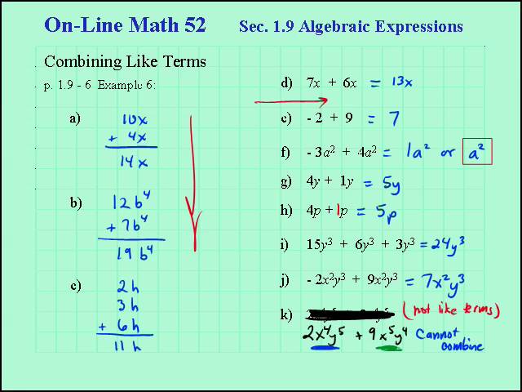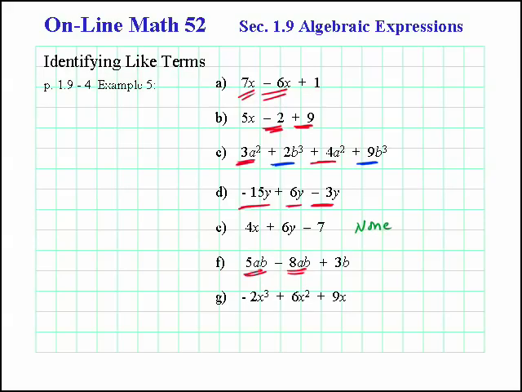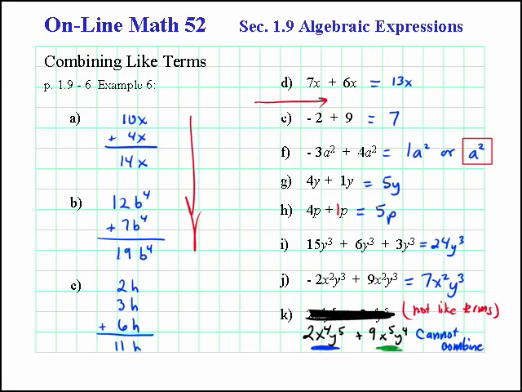Okay? I hope that makes some sense. Let me just go back a slide here and remind you that here we had no like terms, and that's because the variable exponent was different. So there's not like terms when we identify them. They're not like terms. Okay.